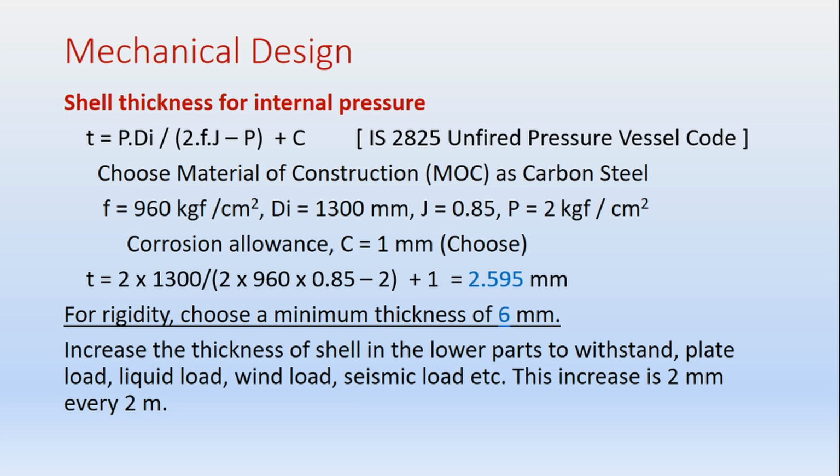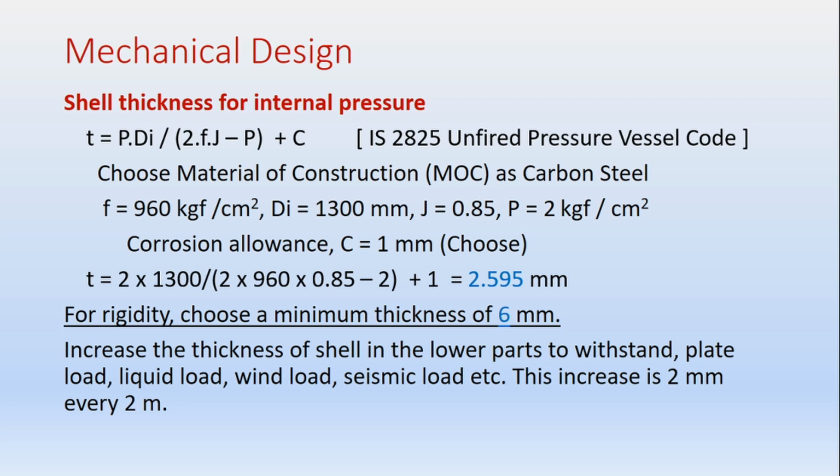That can be considered at the topmost part of the column. If the column is tall, then we have to increase this thickness as we go down, because the bottom portion has to bear more weight, so more stress will be there on the bottom portion.